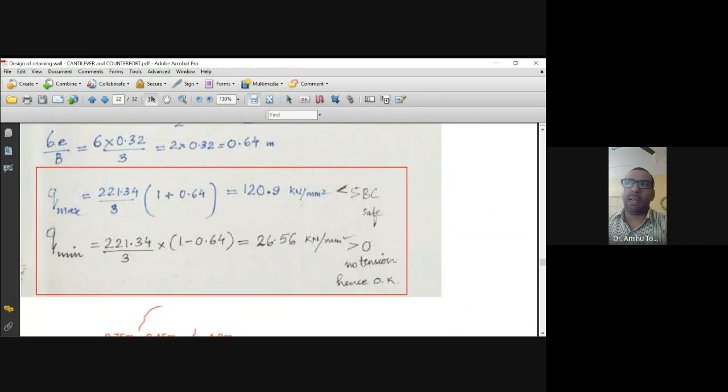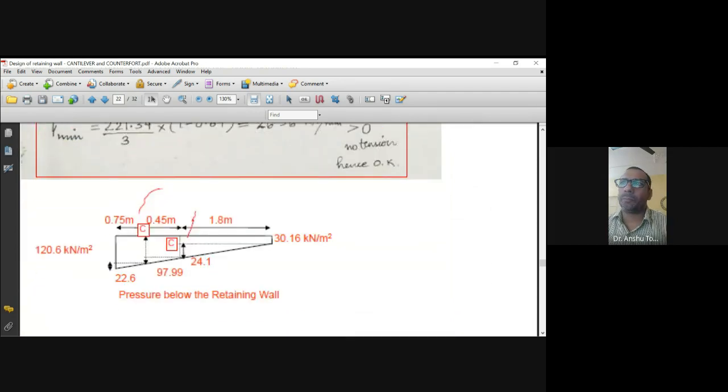So it will be varying from maximum at the toe end, because it is something like this. Your wall is being pressed like this, so the moment is generated maximum onto the toe side. That is why the stresses at the end of the toe are maximum.